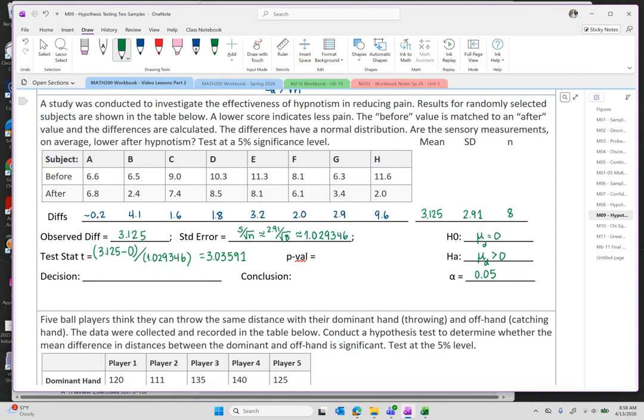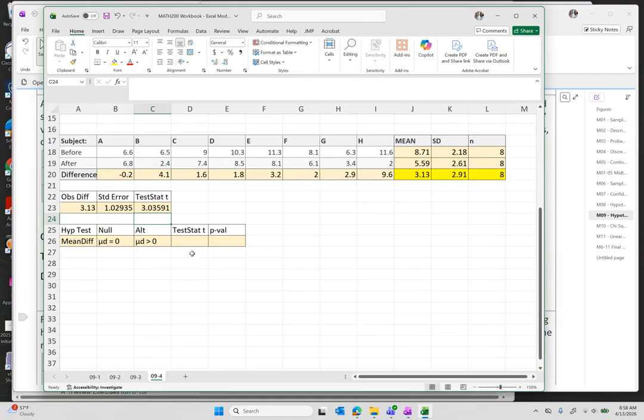And then I need to find the p-value. Remember, this is a t-distribution, and it will be the probability of finding a mean difference of 3.125 or greater, since this is a right tail test. So again, I'm going to do that in Excel for now. I will show you how to do it in Art of Stat.